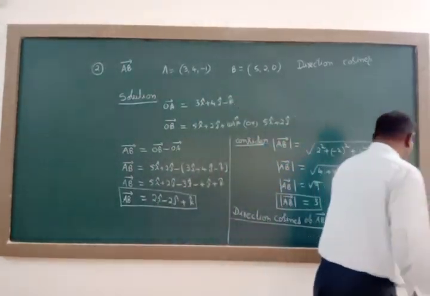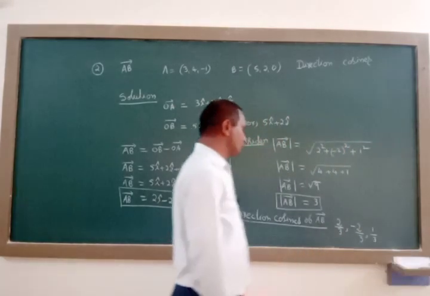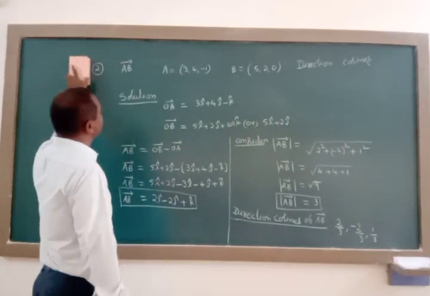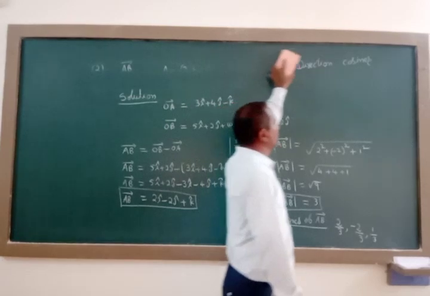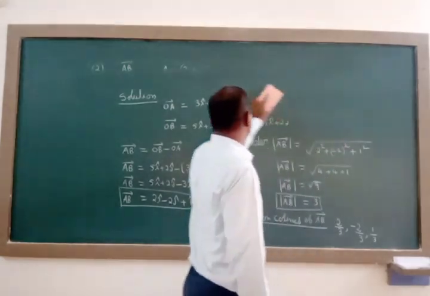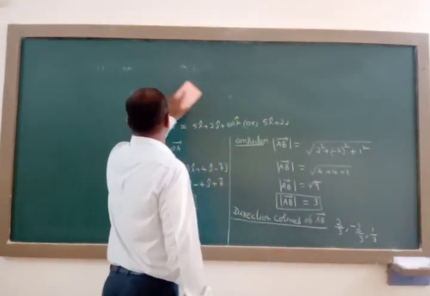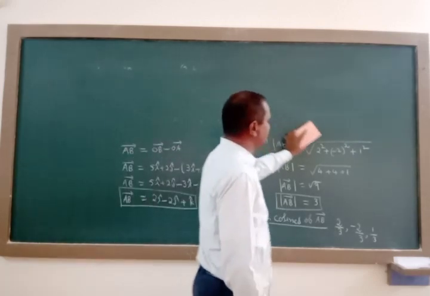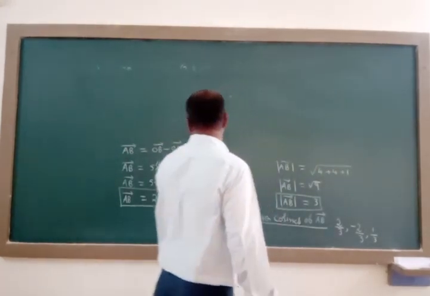Next, the problems on how to show that points are collinear and how to show that points are vertices of a right angle triangle. Let us now discuss those two problems.